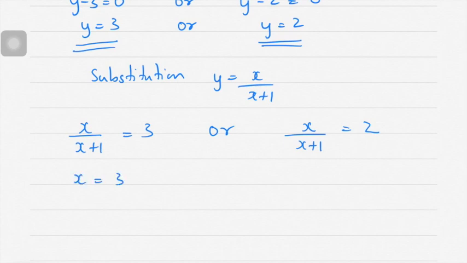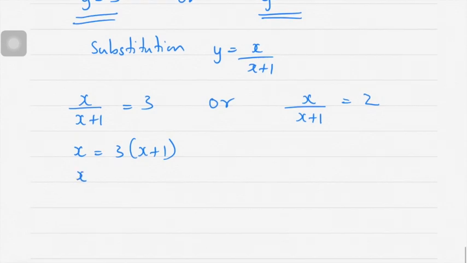Now what I can do is I can cross multiply, correct? X is equal to 3 into x plus 1. So let's see what happens. Okay, x is equal to 3x plus 3.